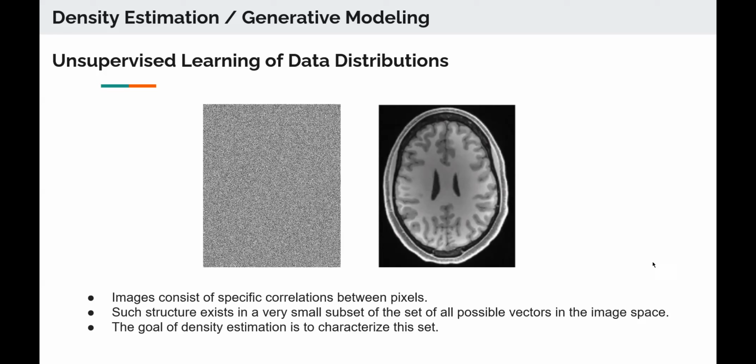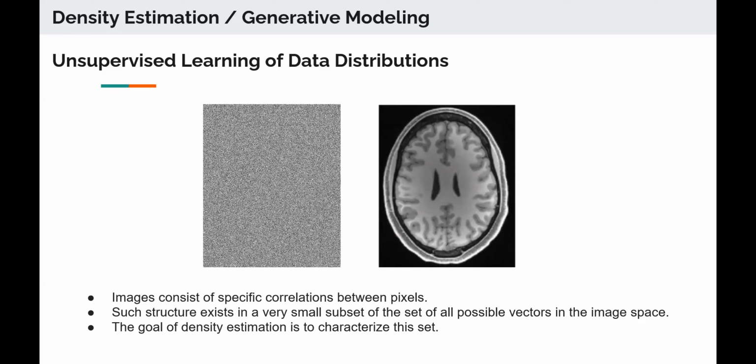So for example, if I'm considering the space of images of the brain, there are very particular correlations between pixels that would qualify a member of this 10,000 dimensional space to become a member of the space of brain images.